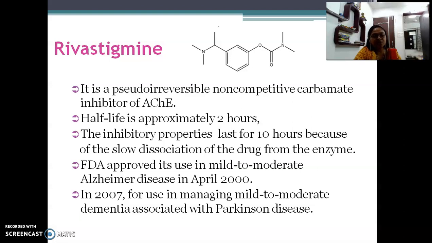It has approximately 2 hours of half-life, but its inhibitory activity will last for 10 hours because it slowly dissociates from the enzyme and hence has a longer inhibitory action. The FDA approved it for use in mild to moderate Alzheimer disease in April 2000, while in June 2007 it was approved for use in Parkinson's disease for the management of mild to moderate dementia.